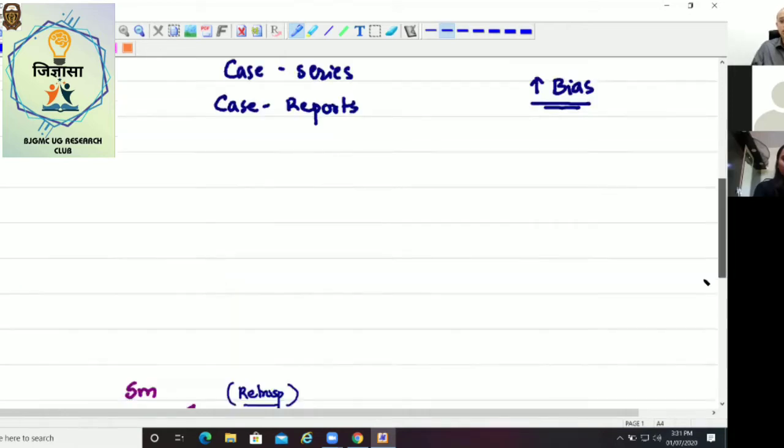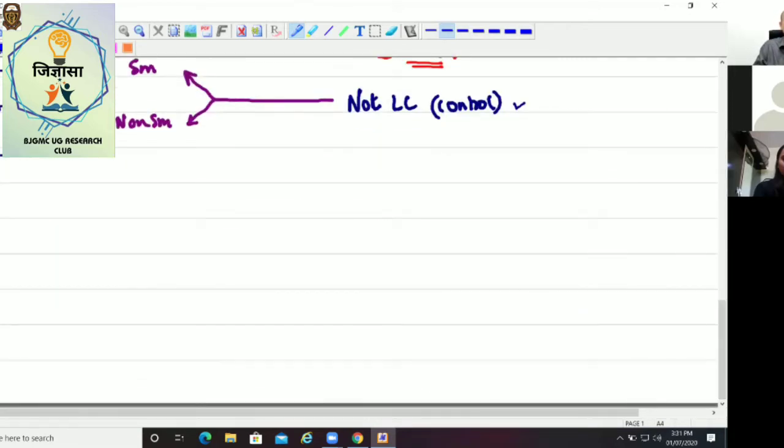When you do a cohort study, what you're doing is you will take two sets of people. Let's say you have people who had radiation exposure, and you took another group of people who did not have radiation exposure, right? So maybe there was an unfortunate event. Some people got radiation exposure, some people did not. You are going to compare these two, and you are going to follow them up over a period of time.